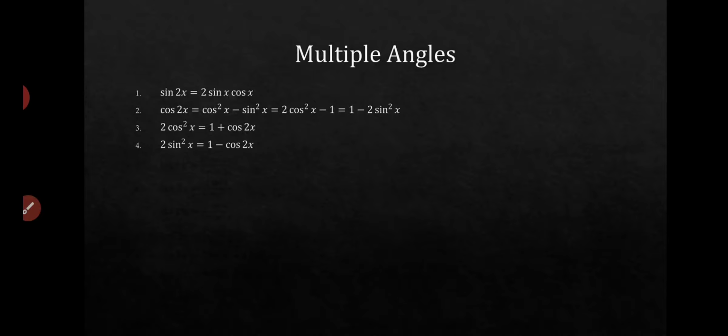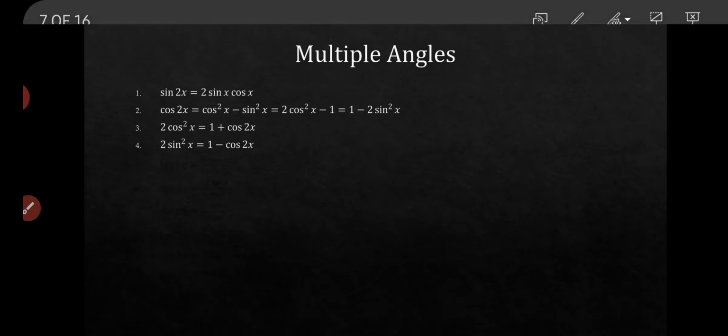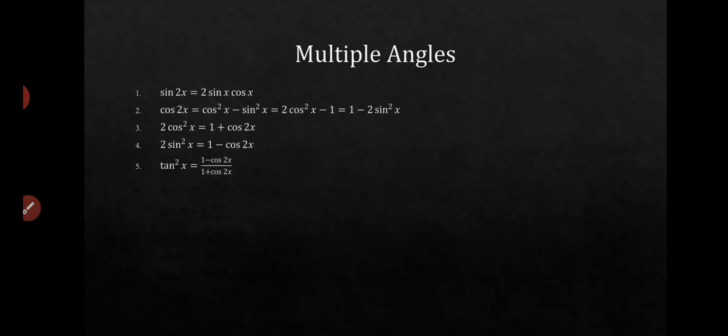Then we have tan square x. Obviously tan square x is coming from 3 and 4. If you divide 4 by 3, you get tan square x equals 1 minus cos 2x by 1 plus cos 2x. Then tan 2x formula, 2 tan x by 1 minus tan square x, easy to see why.